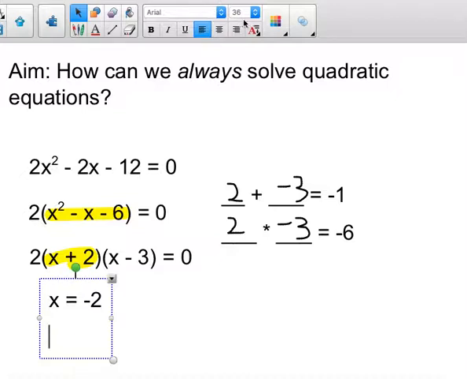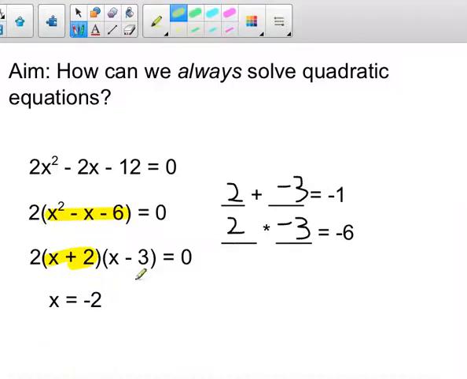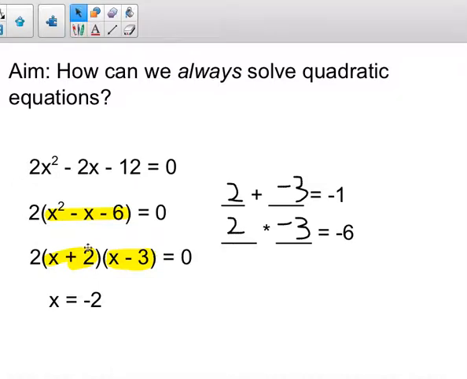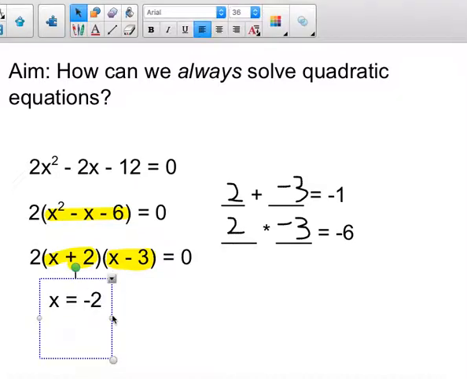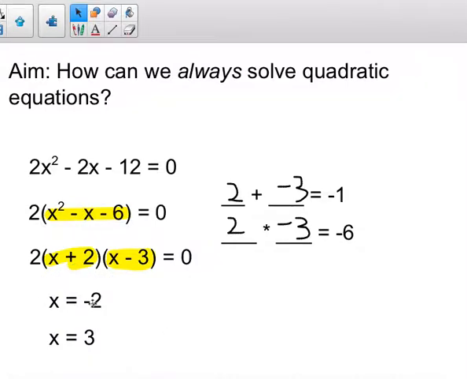Or I can look at the other factor, x minus 3, and do the same thing. If x is 3, then 3 minus 3 is 0, and the whole equation is true. So I've got my two solutions just by factoring, and that was pretty fast.